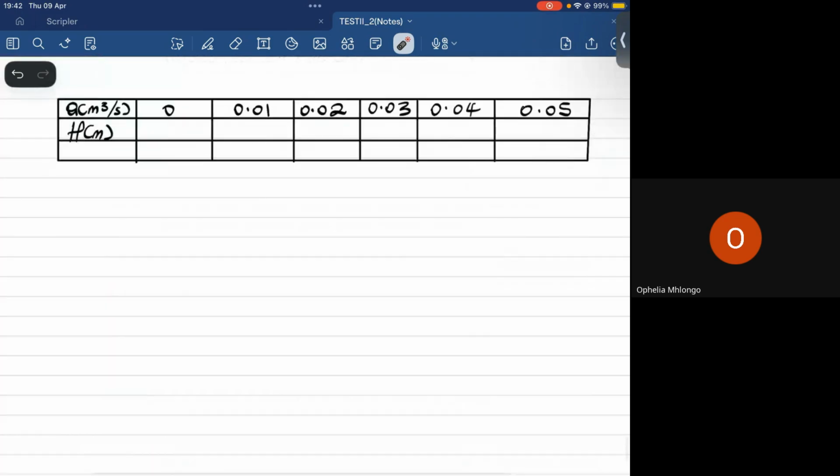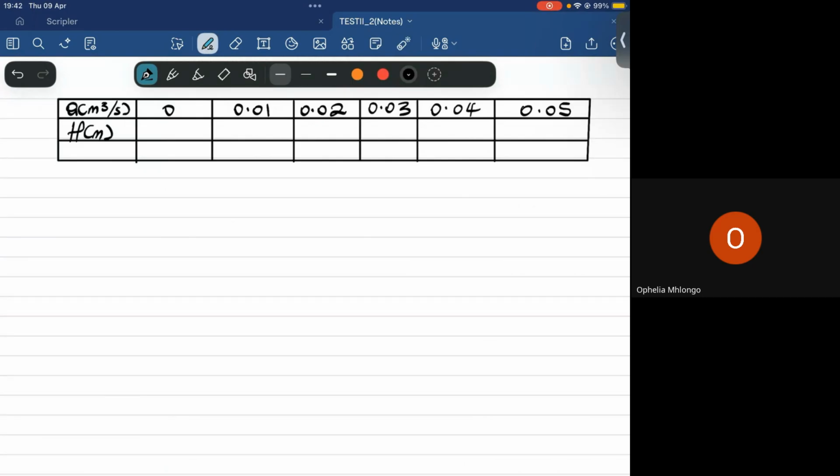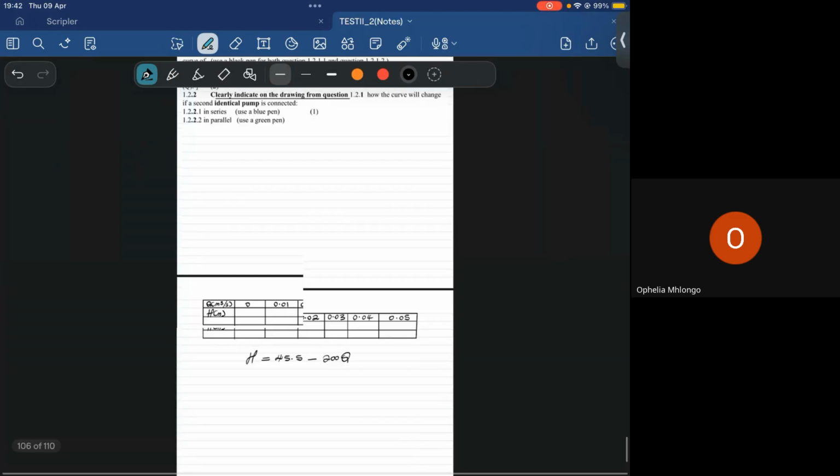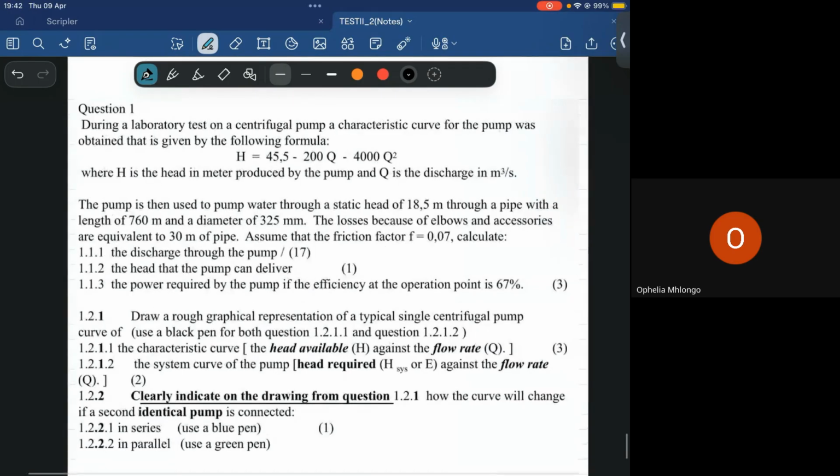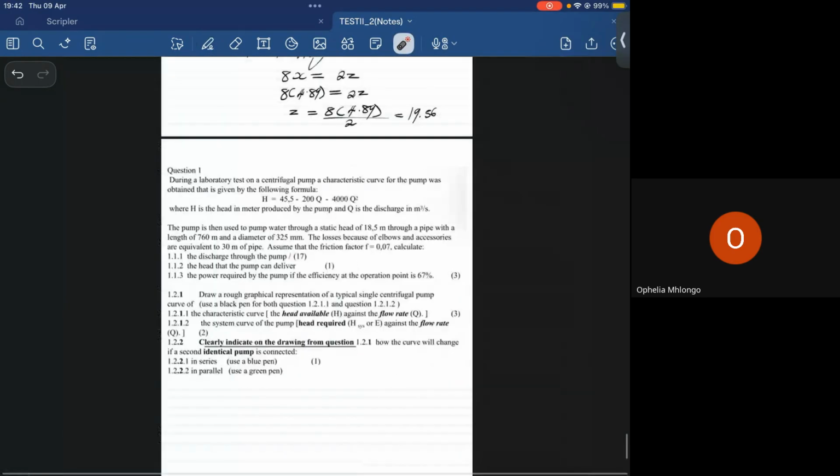So that equation is given by the head is equal to 45.5 minus 200 multiplied by Q, and then lastly minus 4,000 multiplied by Q squared.